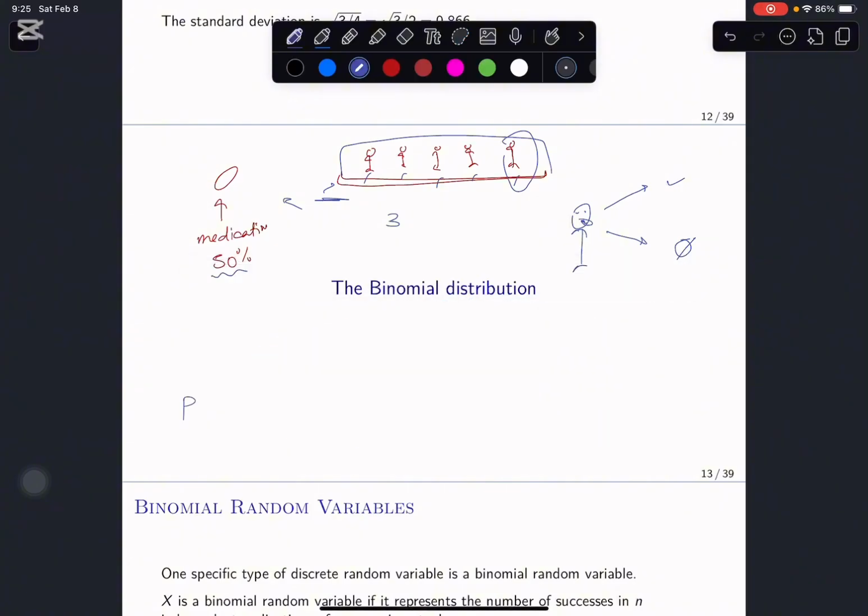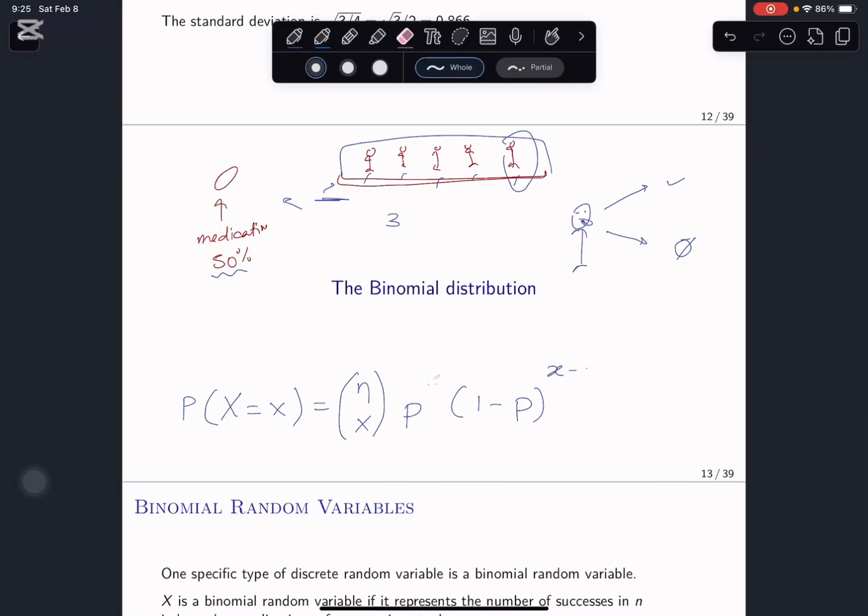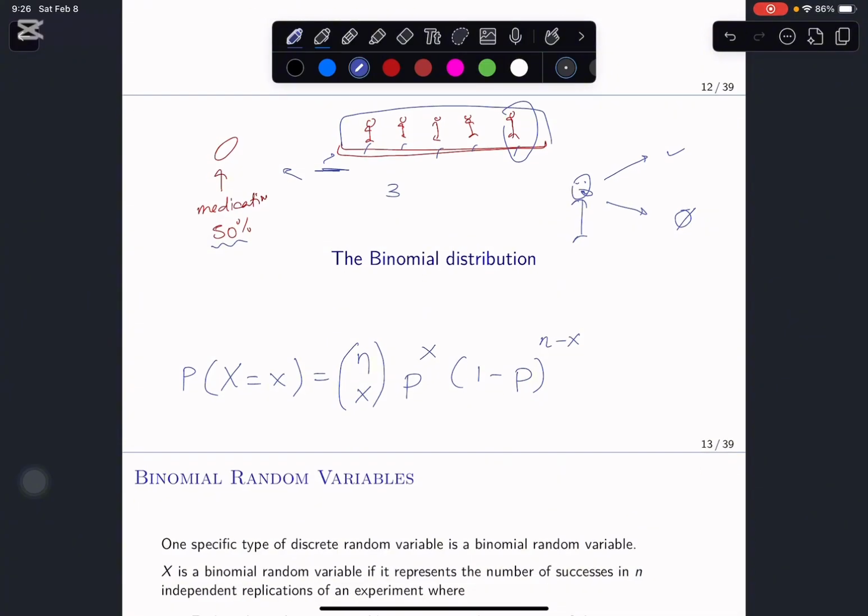P of x, the outcome x we're looking at, equals n choose x, times p to the power of x, times 1 minus the probability, to the power of n minus x. The only thing you need to know so far is this equation. Any type of question, you're going to use this equation.